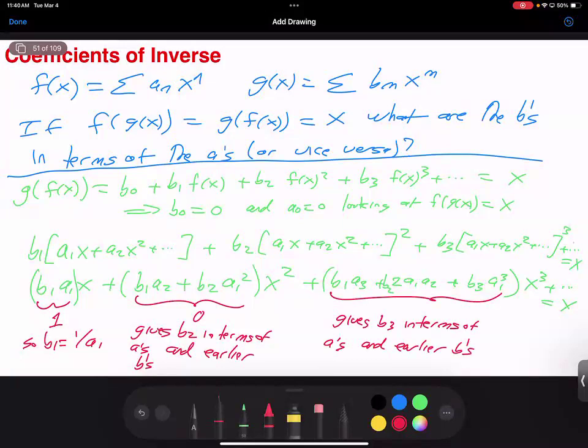So in principle, this should work. What's the one thing we have to be careful about? Some of the a's could be zero. So which is the only a that would be bad for us to be zero? A1. Could a1 be zero? No. If a1 is zero, then b1 can't be 1 over a1. The function is not invertible if a1 is zero.